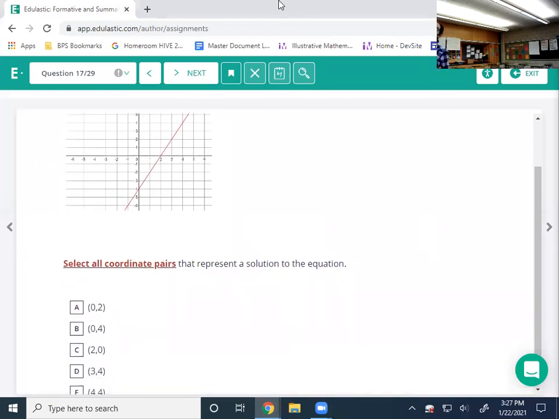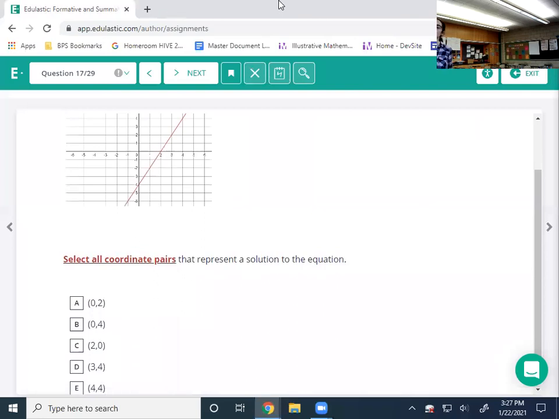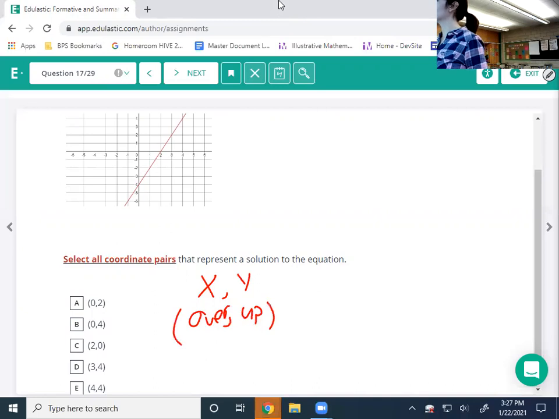So if we're looking at these five coordinate pairs, x, y, over and up or down. The first one, (0, 2), says go over 0, up to 2. That would be here. It does not fall on the line, so it is not a solution to this equation.